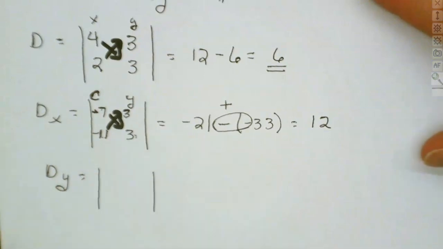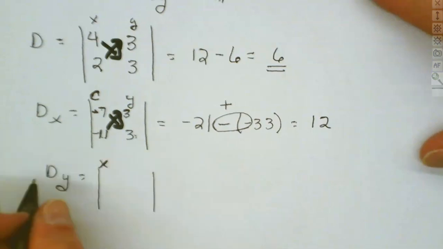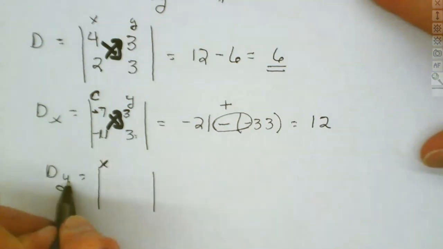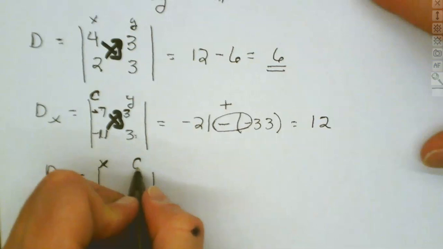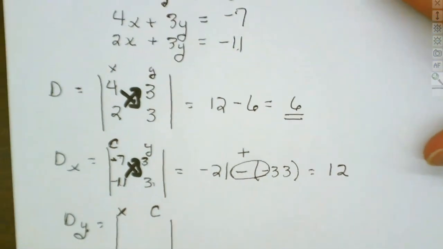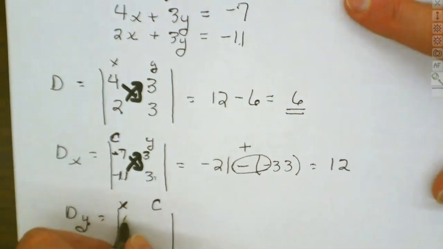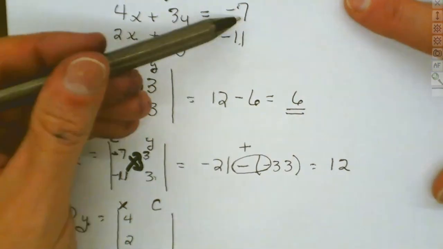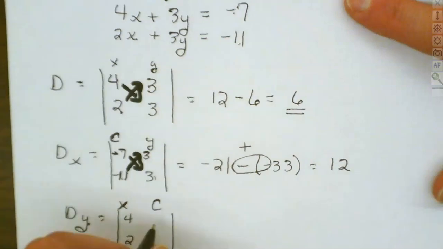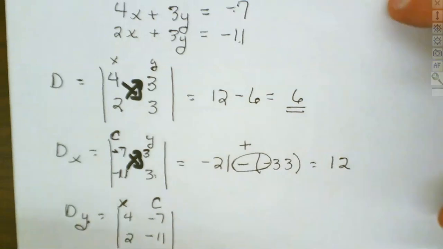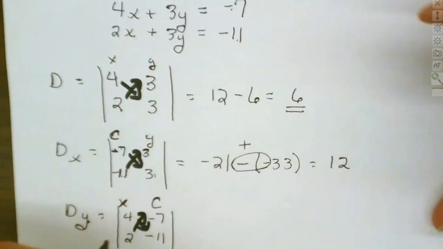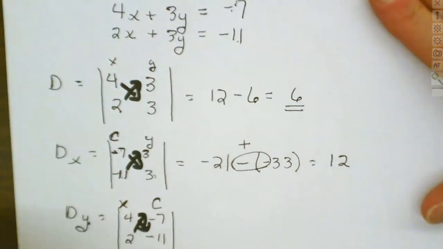So for Dy, the x stays, and the y is what gets replaced. Y gets replaced with the c. So what are our values now? Well, 4 and 2 for the x. C is over here, minus 7, minus 11. Draw your arrows and subtract. So 4 times a negative 11, that's a minus 44.